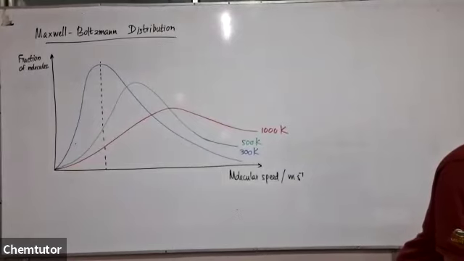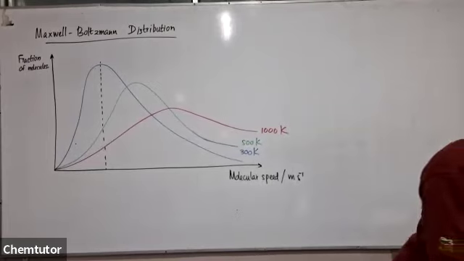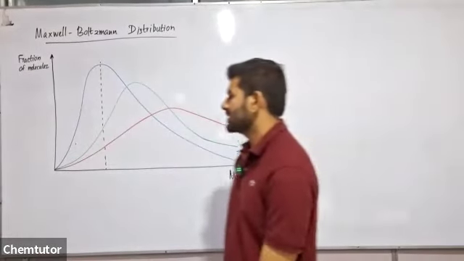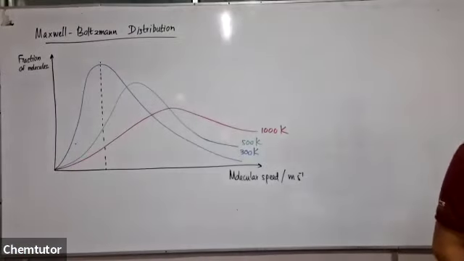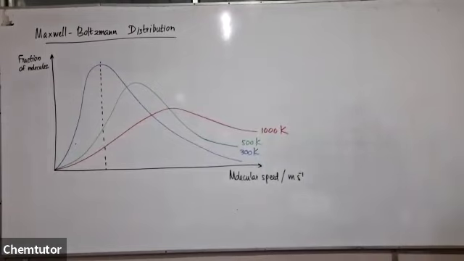Then you can say there's a distribution of speeds from 0 to values considerably above the root mean square speed.